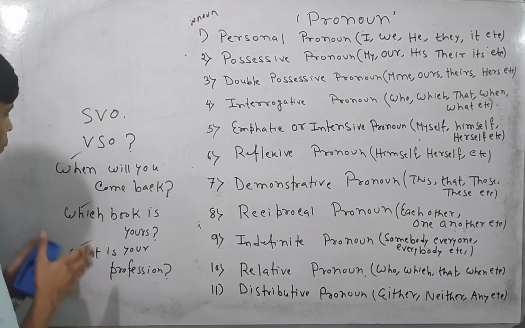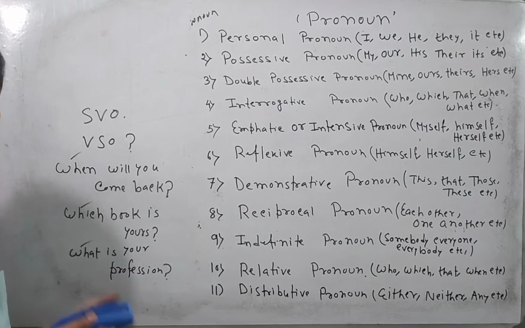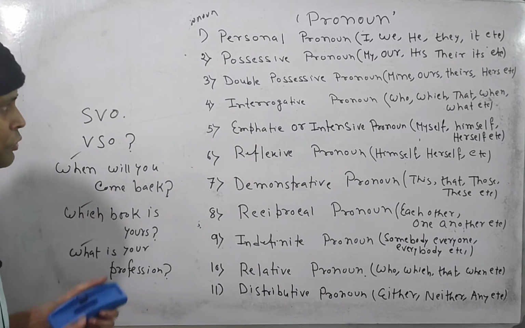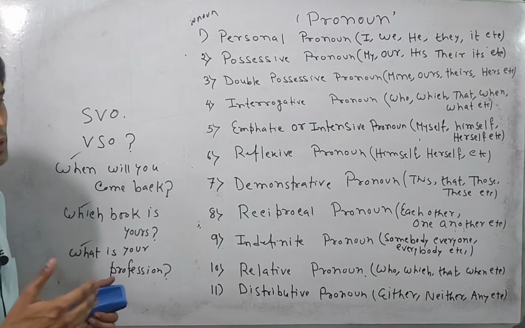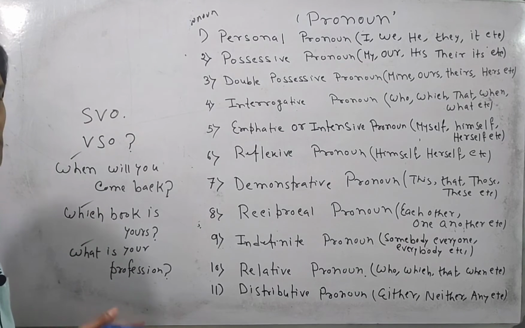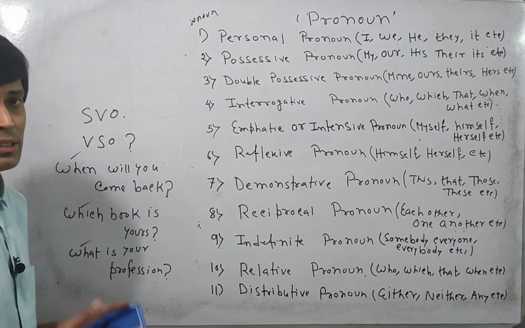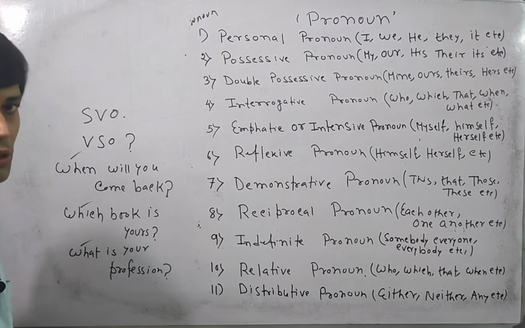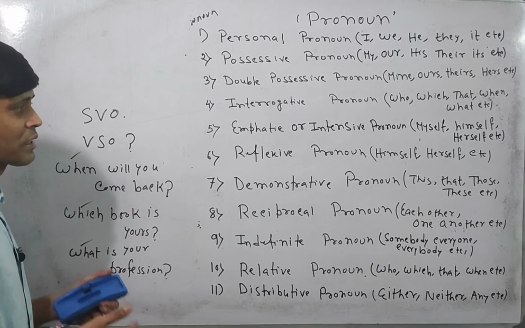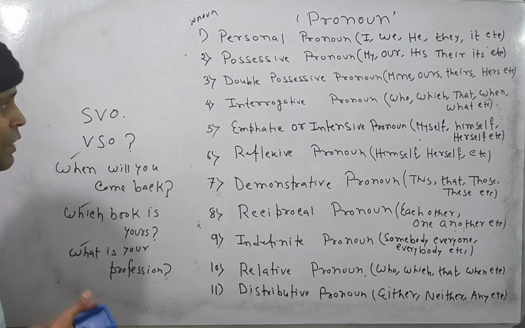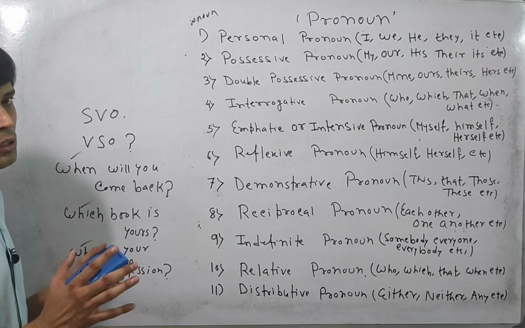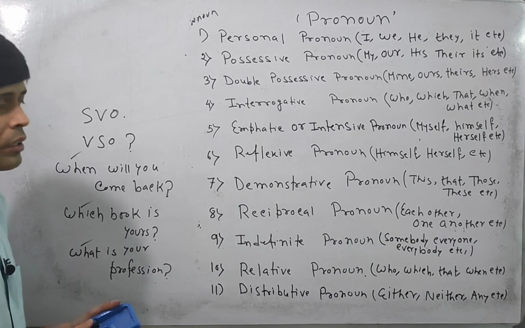So you have to apply the interrogative pronoun in this way. Now who can be used in different ways. Sometimes it is used as an interrogative pronoun, sometimes as a relative pronoun, depending on the sentence construction. Later I will discuss all this, but here interrogative pronouns means something like this.